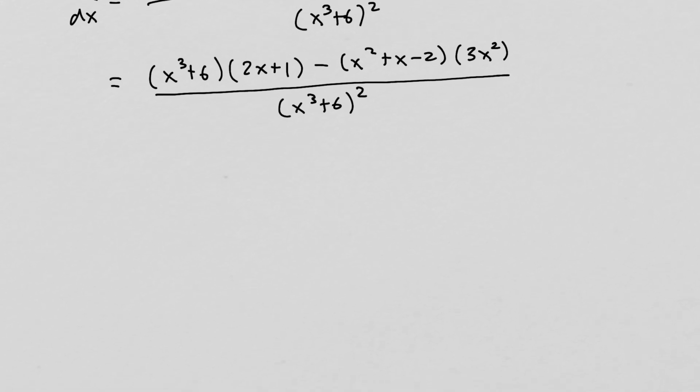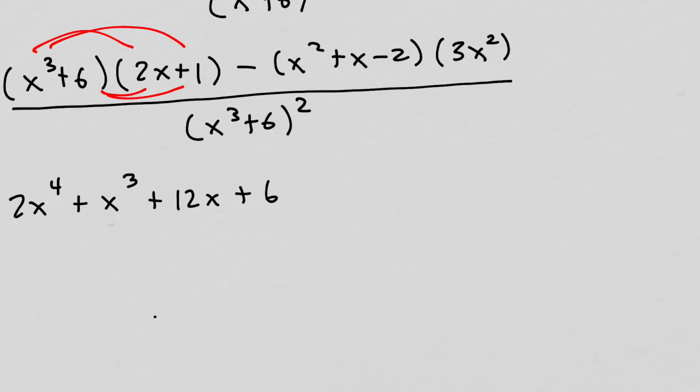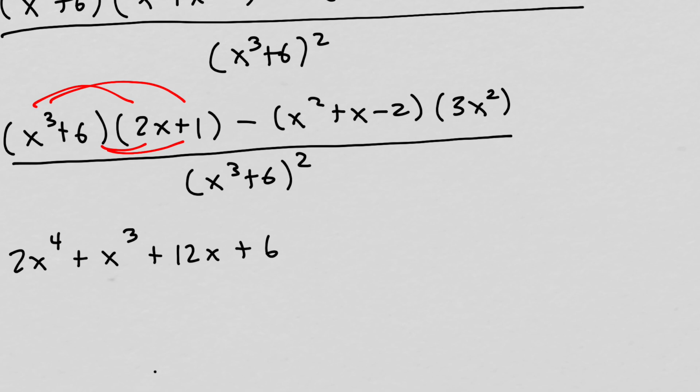Now it's just a matter of simplifying. So to simplify this, I am going to multiply out the top very carefully. So this gives us 2x to the 4th power plus x to the 3rd power plus 12x plus 6. And then right here you have to be extra careful because we are distributing 3x squared times all of these, but we also have a negative. And actually to do this, I find that it's kind of helpful to rewrite this in this way.